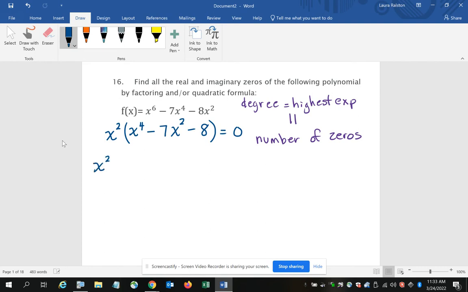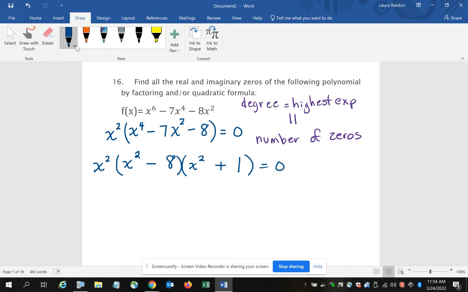So I have x squared, and then I'm going to break down x to the 4th minus 7x squared minus 8. x to the 4th would be x squared times x squared. I need a pair of numbers that will multiply to 8 and subtract to 7. I believe I can use 8 and 1, a -8 and a +1, and that's equal to 0.